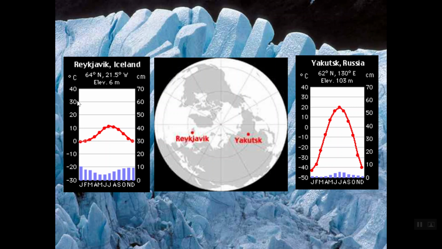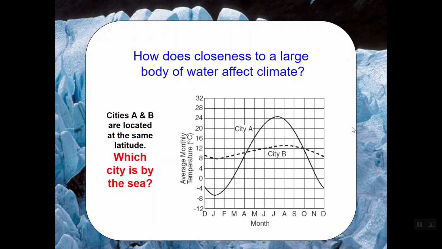And of course, these are in degrees C, not Fahrenheit like we're used to. Whereas in Yakutsk, Russia, you have much hotter summers and colder winters because of that landlocked nature. So how does closeness to a large body of water affect climate?